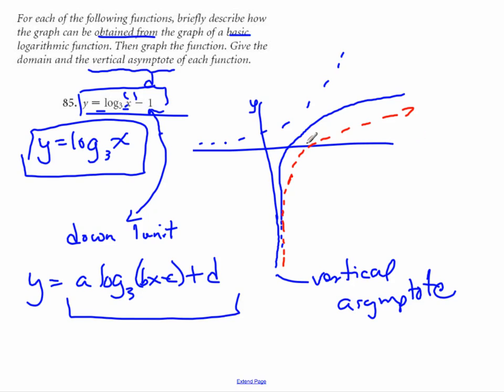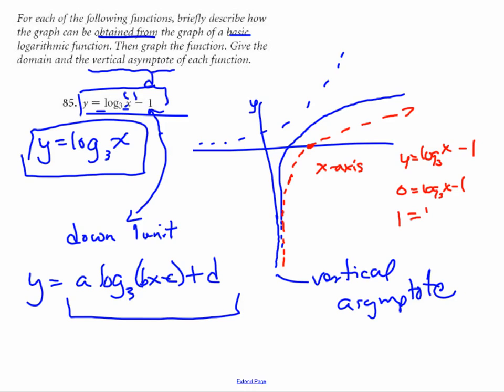Maybe a couple important points might be like this one where it crosses the x-axis. That might be a nice spot to know. And I could know that just by solving this equation. So if I took the equation y equals log base 3 of x minus 1, and solve it for a y value of 0, it'd be 0 equals log base 3 of x minus 1.